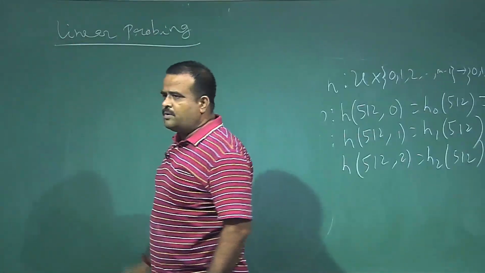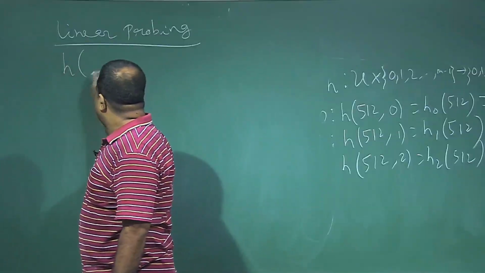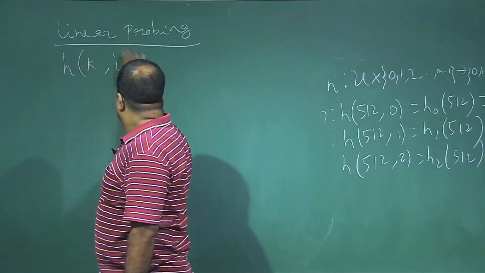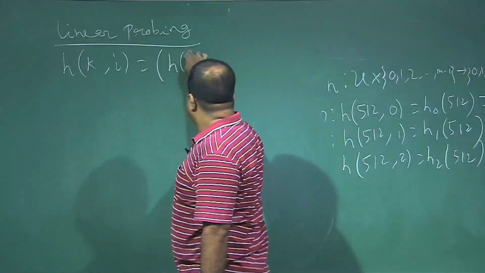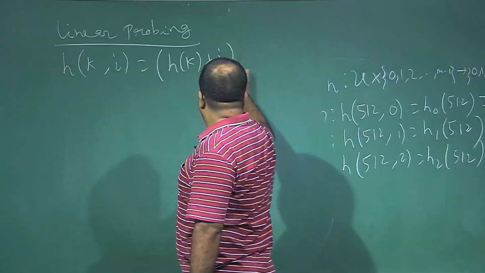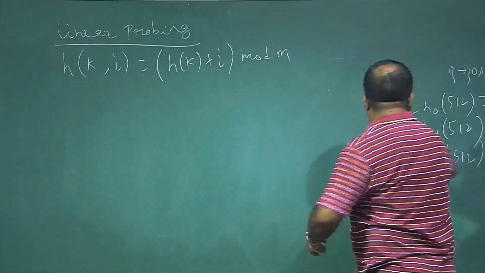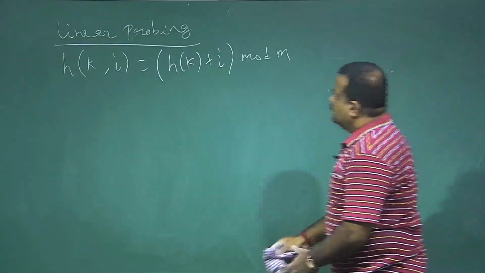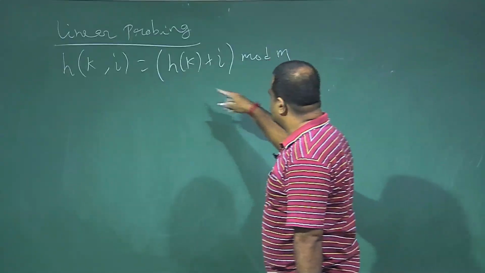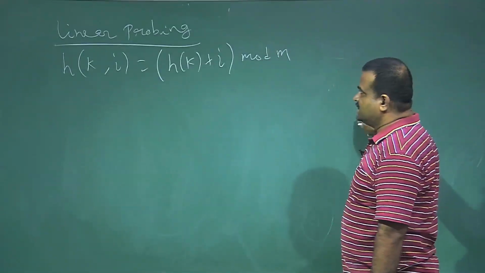So, in linear probing, the ith probe is h of k plus i, mod m.